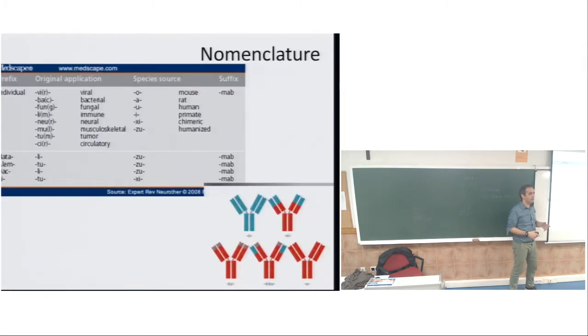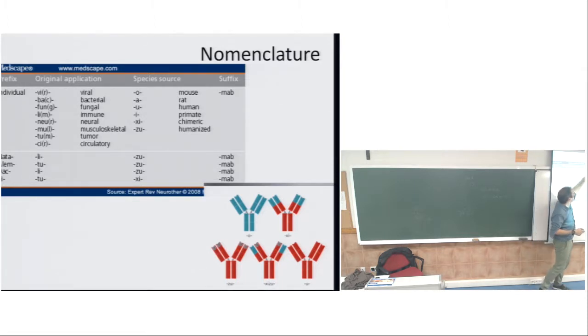One funny thing about monoclonal antibodies is the nomenclature. You have to think that every active principle ending in -mab is a monoclonal antibody. That's easy. Also, depending on how much of the antibody's content is from mouse or human, you can have different parts in the word.